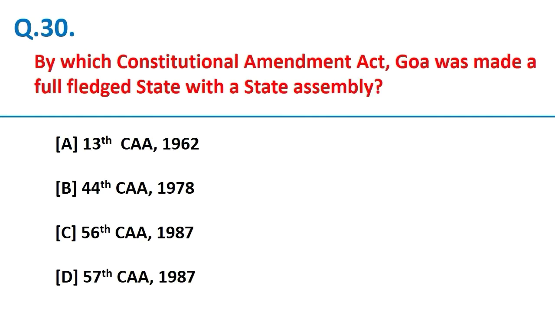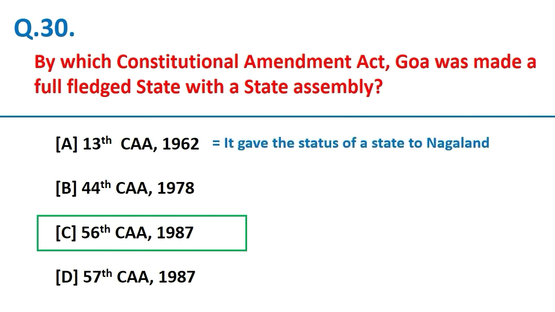By which Constitutional Amendment Act was Goa made a full-fledged state with a state assembly? 56th Amendment Act of 1987. And friends, Nagaland was given the status of a state by 13th Amendment Act of 1962.